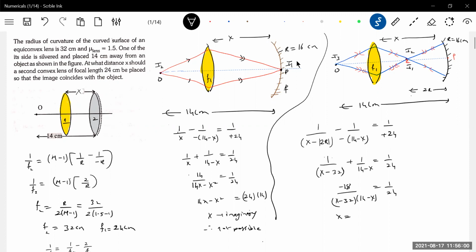Give me the value of x. No real roots again, huh?